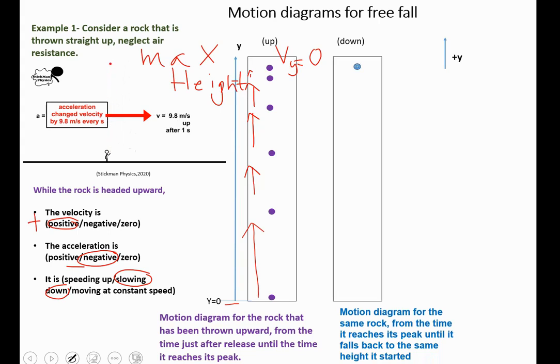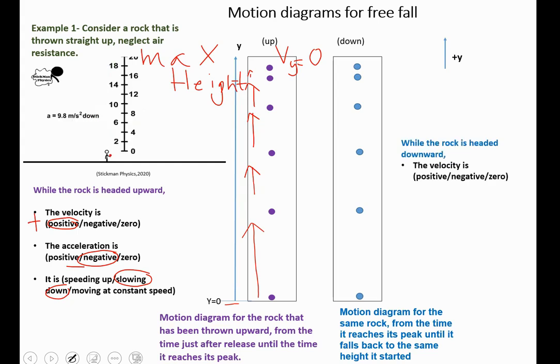And assume you take a picture every 0.2 seconds until the rock reaches the initial height, and then it's here, and then it's here, and here. So what do you think? The velocity, is it positive, negative, or is it just zero for the rock while it's moving downwards?